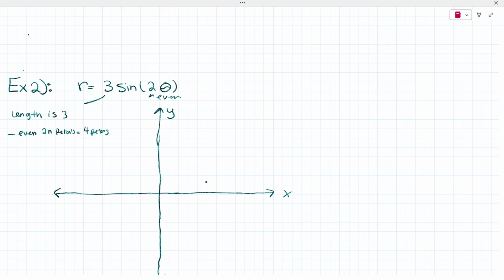And then the length of each petal is 3. So it would look something like this. Okay, 4 petals, and the length of each petal is 3.